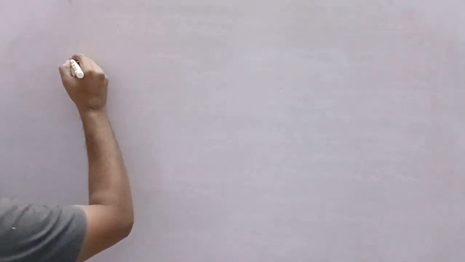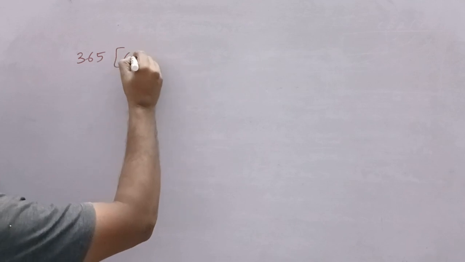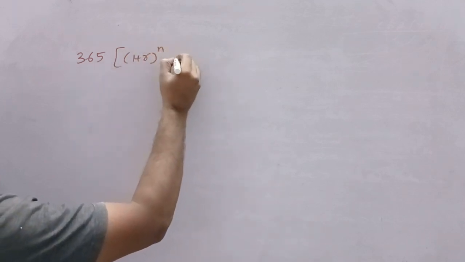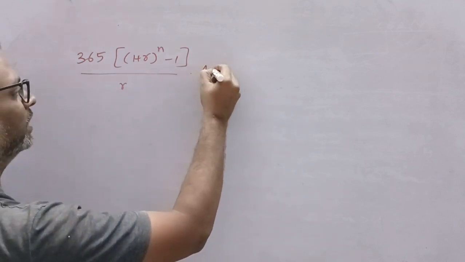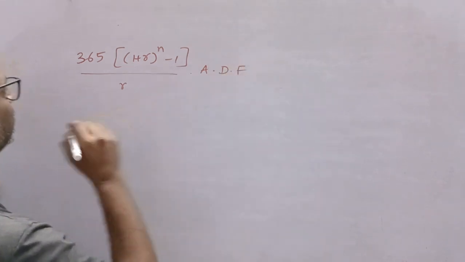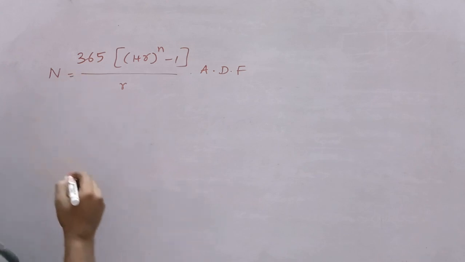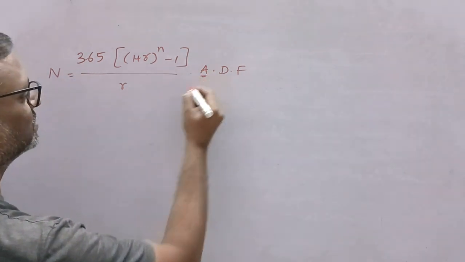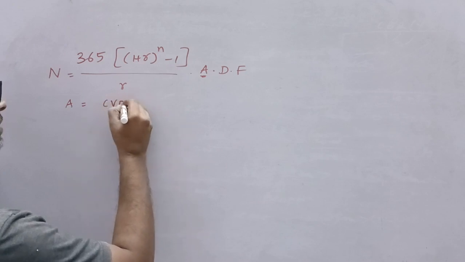that is 365 into (1 plus r) whole power n minus 1, divided by r, into A into D into F. So that is the design traffic, where A is the commercial vehicles per day.